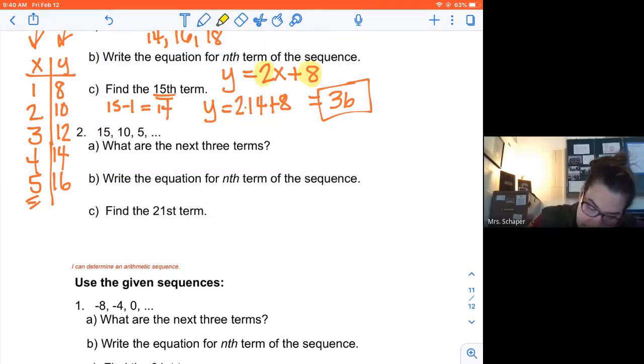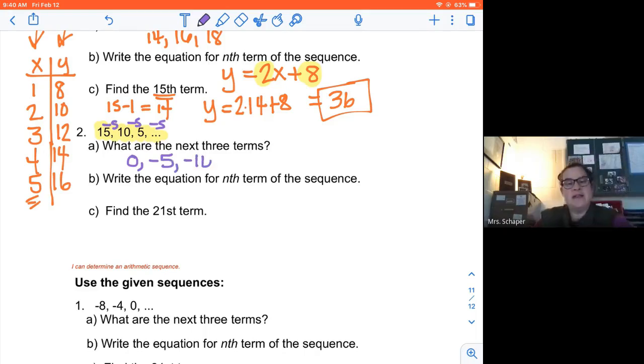I've got 15, 10, and 5. I want to find the next 3 terms. I notice that I'm subtracting 5 each time. So the next 3 terms, 5 minus 5 is 0. Minus 5 is negative 5. Minus 5 is negative 10.